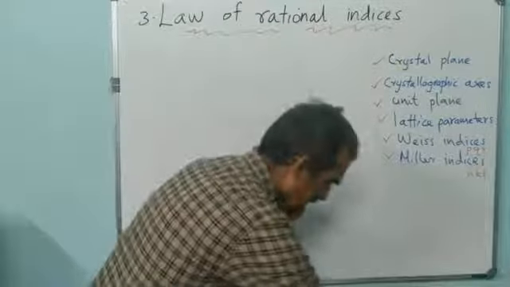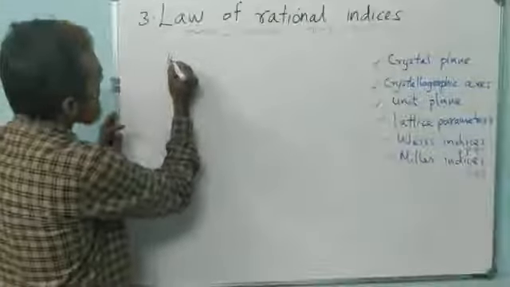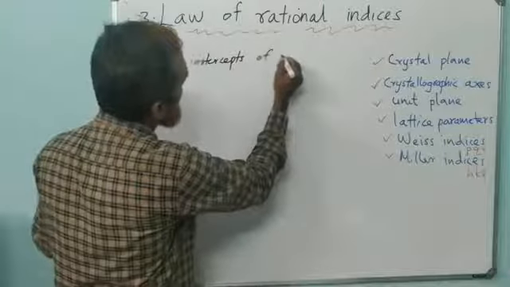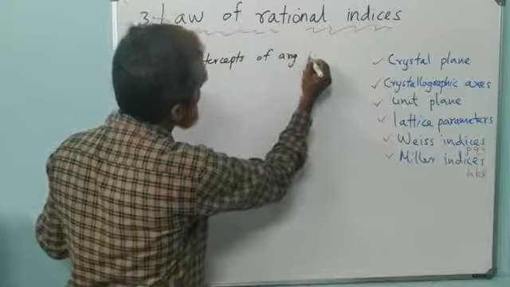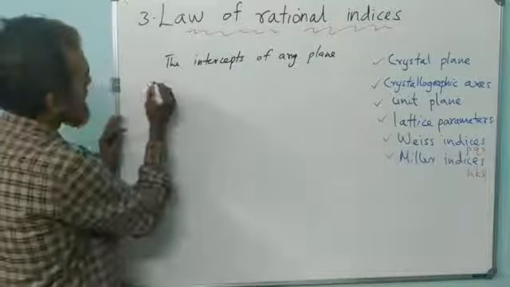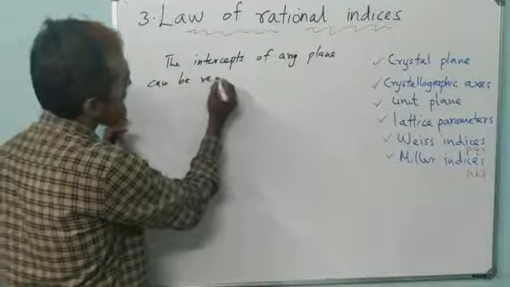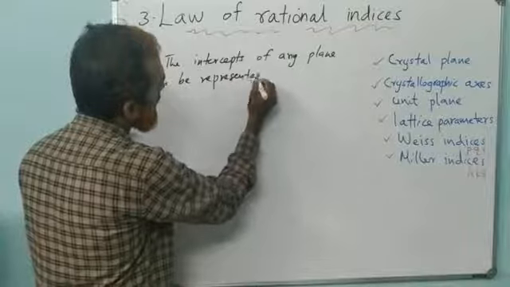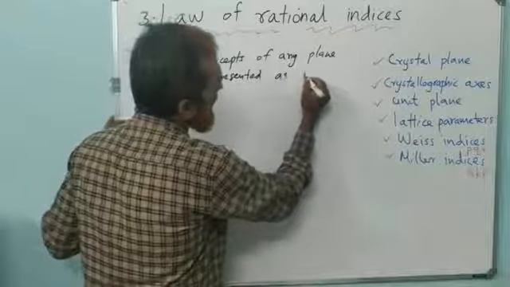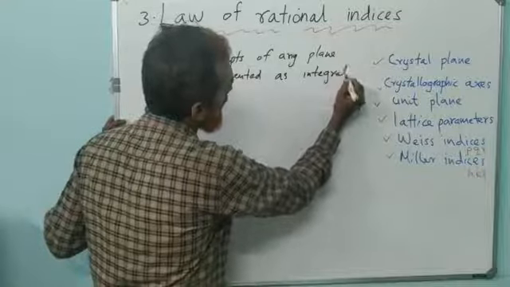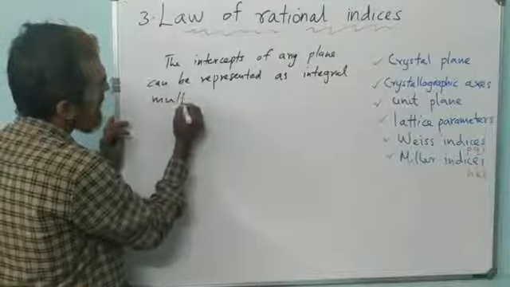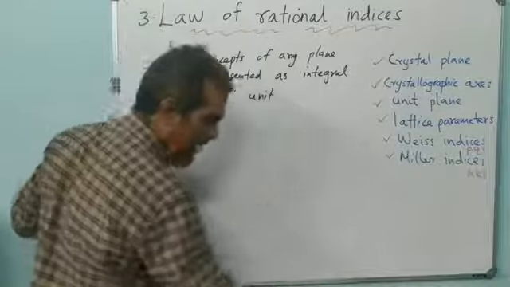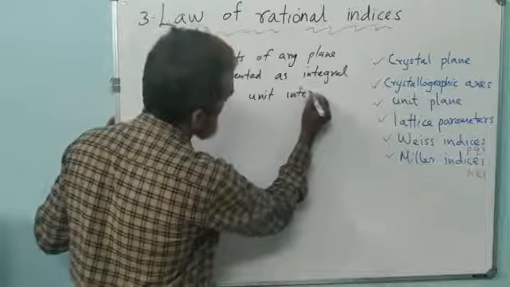The law says that the intercepts of any crystal plane along the crystallographic axes can be represented as an integral or rational multiple of the unit intercepts, or the intercepts of the unit plane.